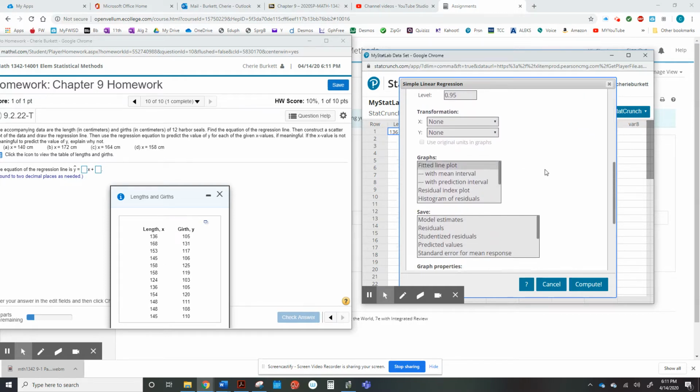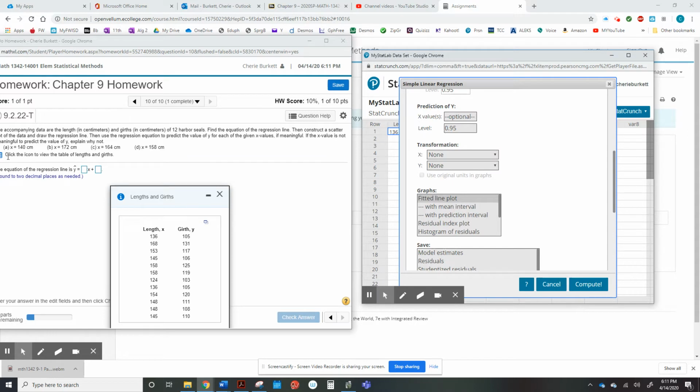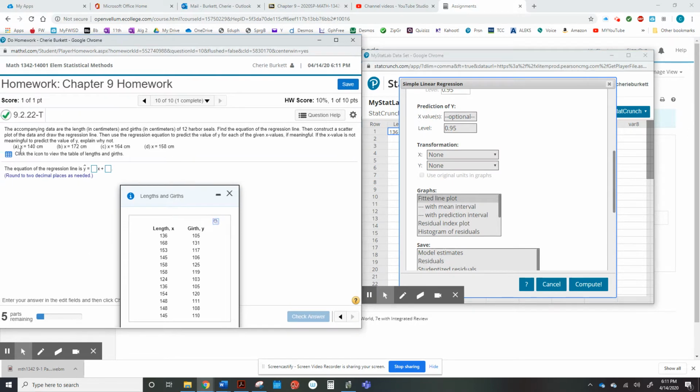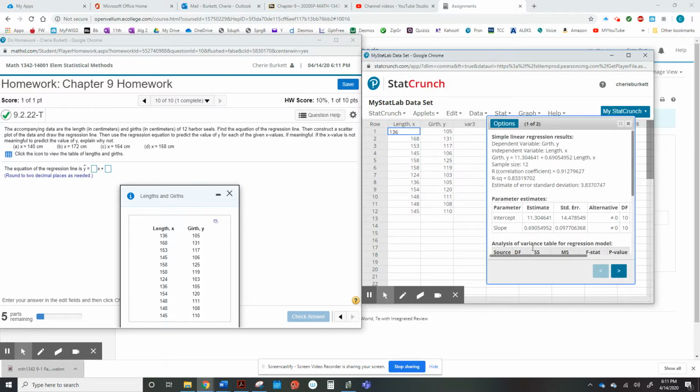They are going to ask you for X values, and the Y values that go along with these X values: 140, 172, 164, 158. So you might as well go ahead and put those in right now: 140, comma, 172, comma, 164, comma, 158. And that number right there doesn't matter. Fitted line, compute.